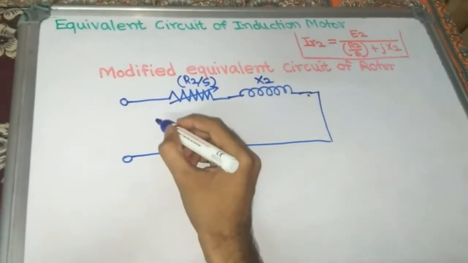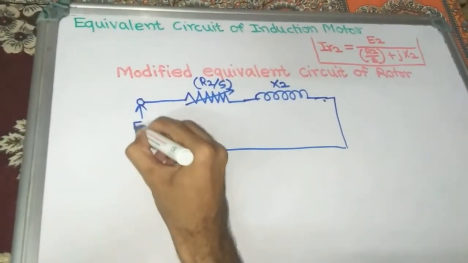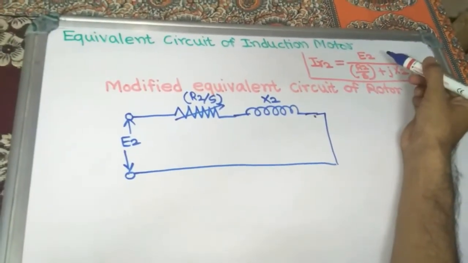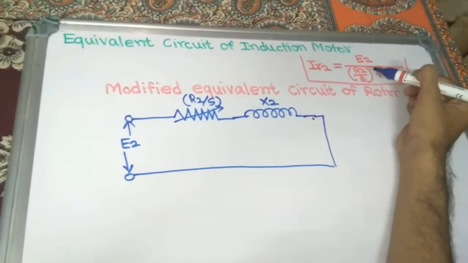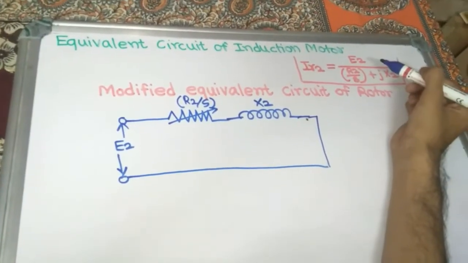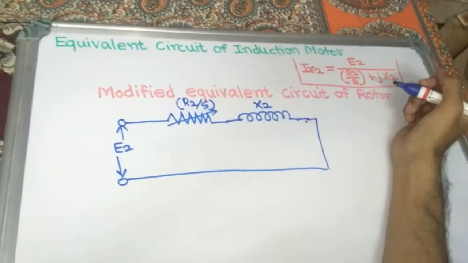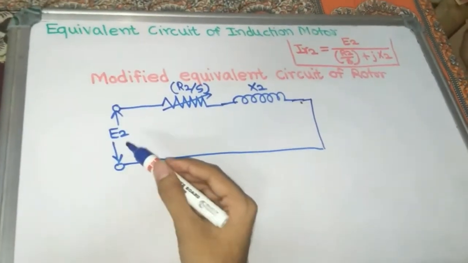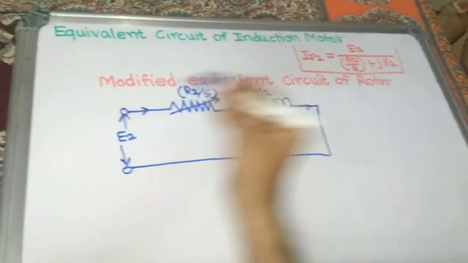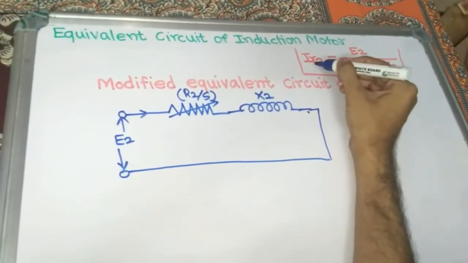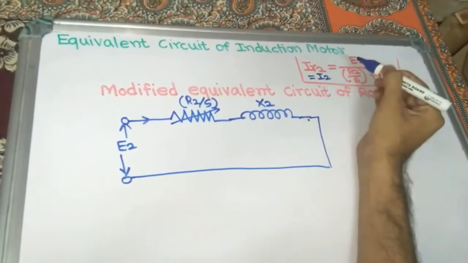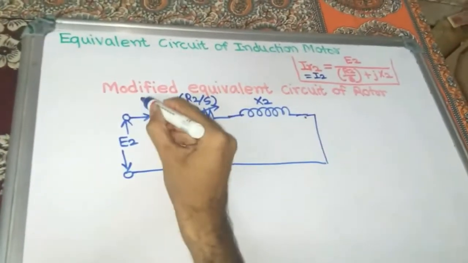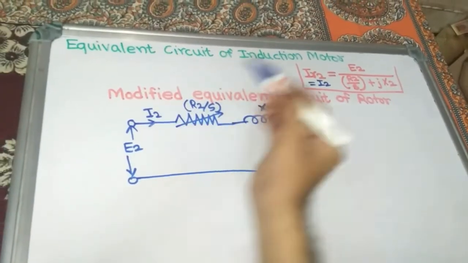And here is only the rotor induced EMF E2 now, not ER2, because all the things are not dependent on slip, only rotor resistance is dependent on slip. We make this arrangement only for our convenience. So this is the rotor induced EMF per phase under stationary condition. So what is the current here? This is not IR2 now; IR2 is equal to I2, meaning rotor current under running condition is equal to rotor current under stationary condition by making our arrangement.